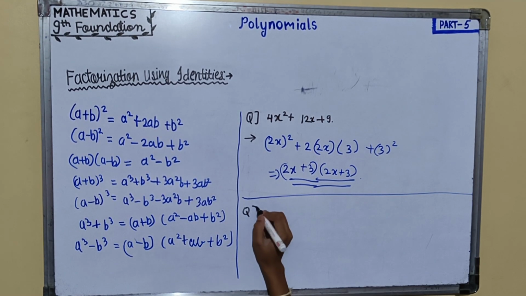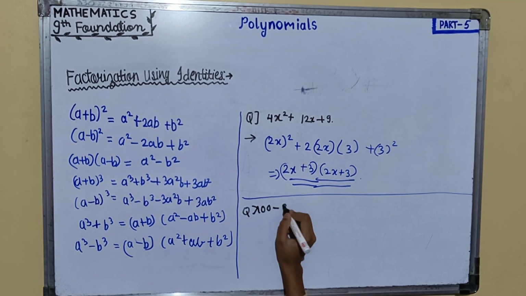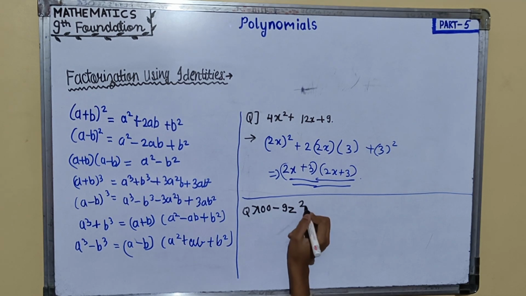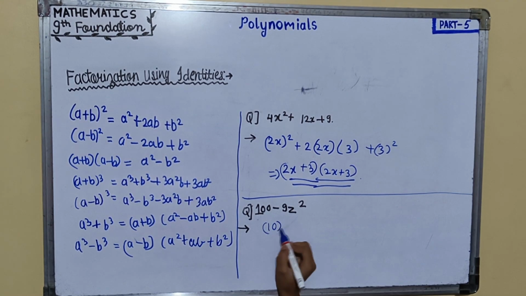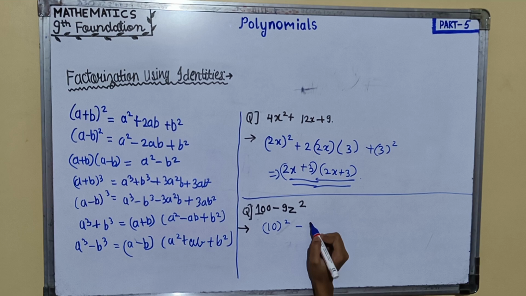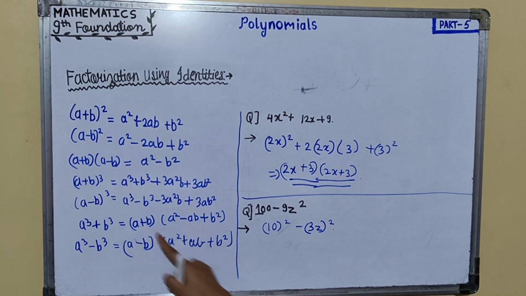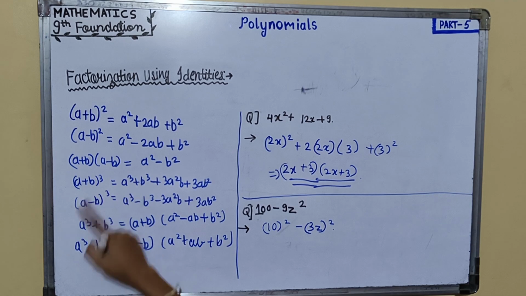One more, it is like 100 minus 9 z square. So this 100 looks like 10 square minus 9 z square looks like 3z square. And this is suitable in this third identity.